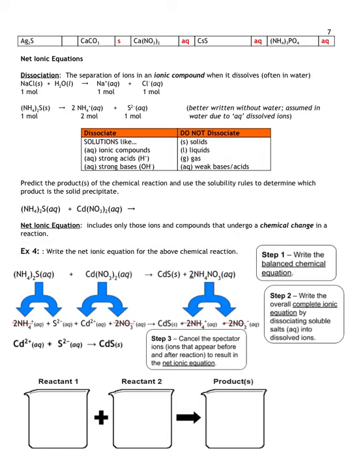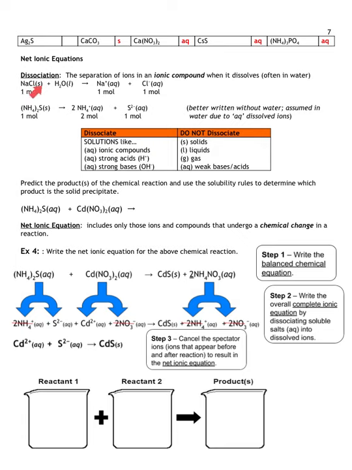So you're going to see just the pieces that make up the driving forces, which is notably what tells us a reaction has taken place, a chemical change has taken place.